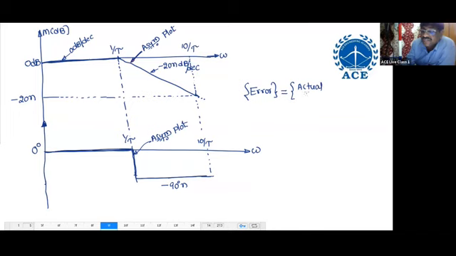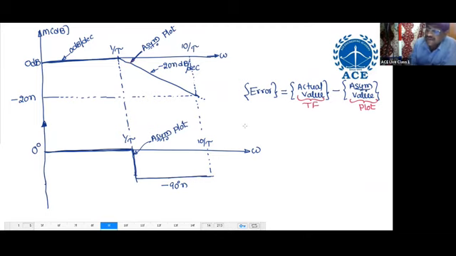The asymptotic value is obtained from the plot, and the actual value is always obtained from the transfer function.